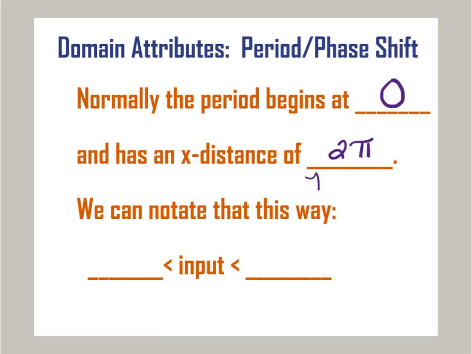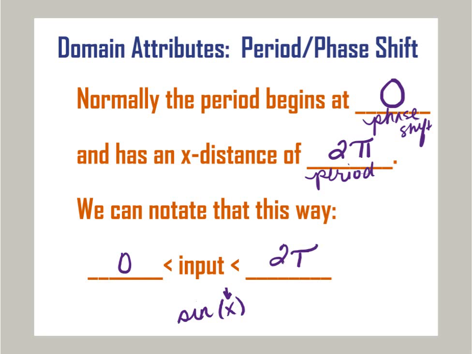So here's our period, and here is our phase shift. And we can notate that this way. We can say that the input value, for example, in sine of x, x is our input value, runs from 0 to 2 pi.